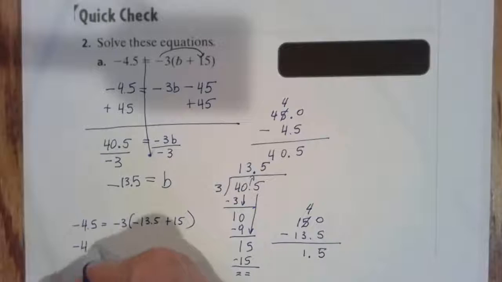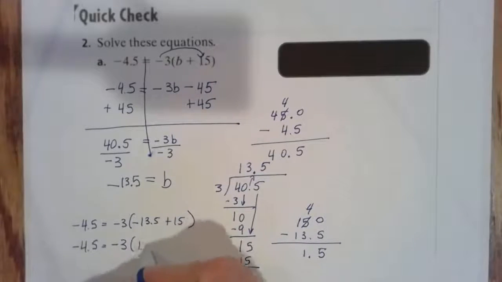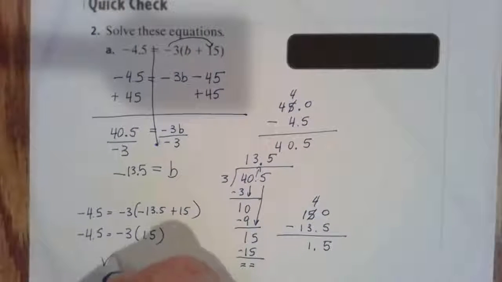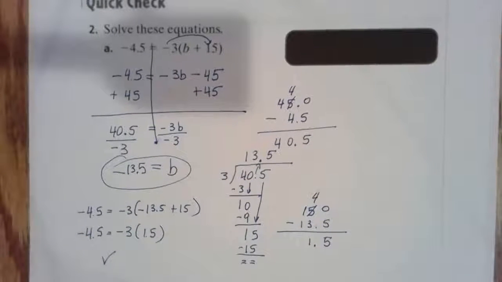Negative 4.5 equals, I have more positive, so my subtraction should be a positive answer. Negative 3 times 1.5. I know the signs match because negative times positive is negative. So it's 3 times 1.5 and negative 4.5. Yes, it is. Therefore, my answer is negative 13.5. Hope you answered correctly.